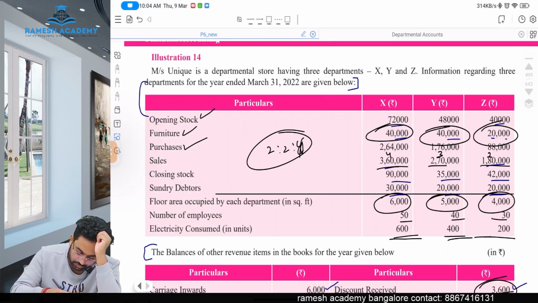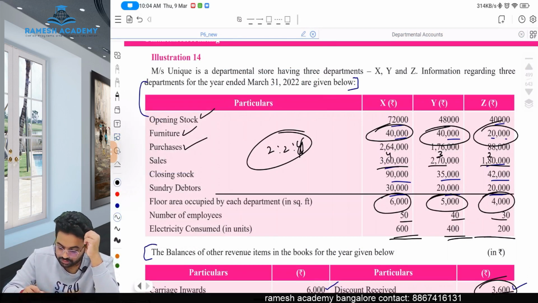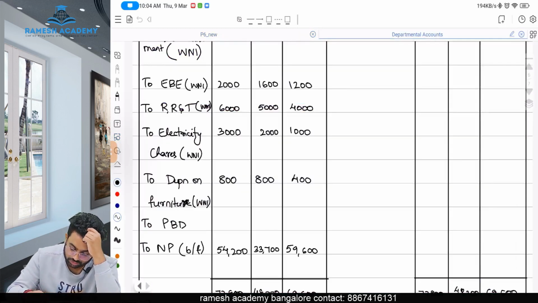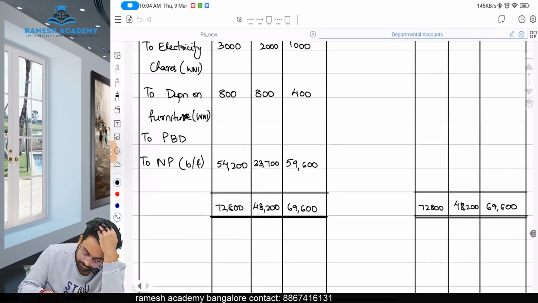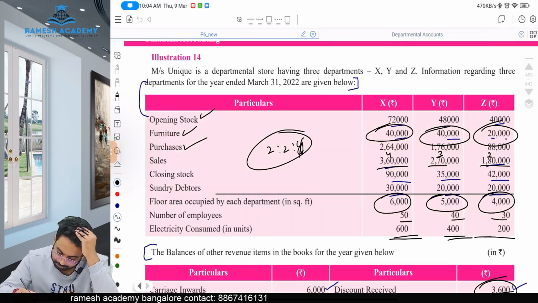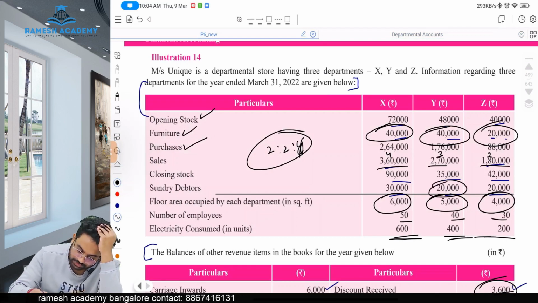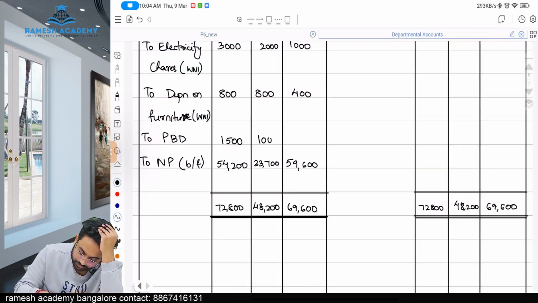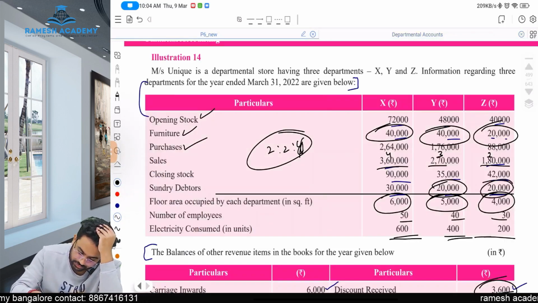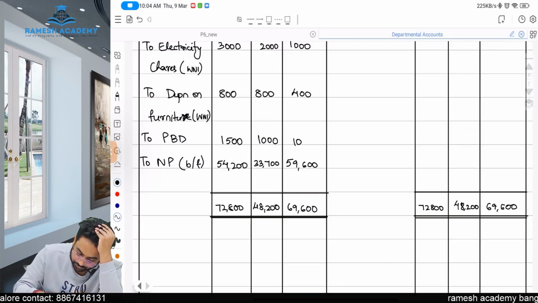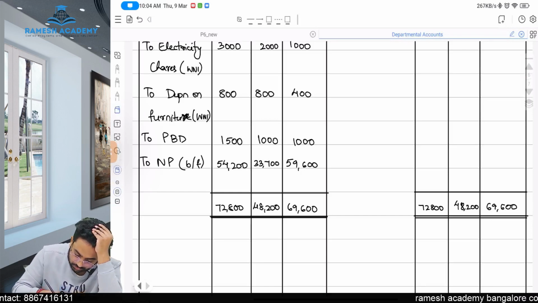30,000, 20,000, 20,000. So upon that 5%. So 30,000 into 5% will come to 1,500. 20,000 into 5%, 1,000. 20,000 into 5%, 1,000. So this will fall by 1,500.